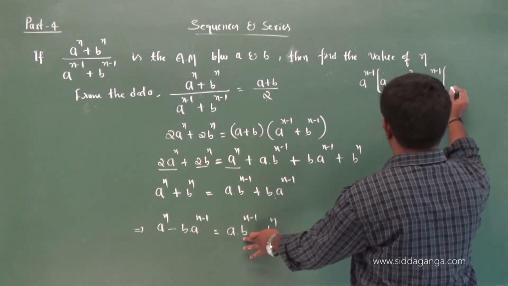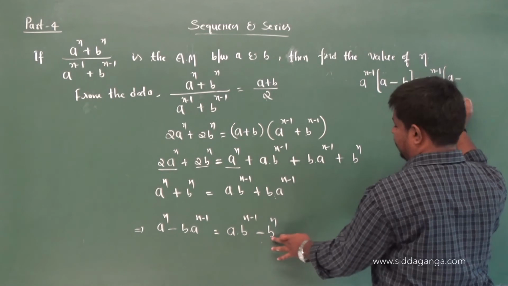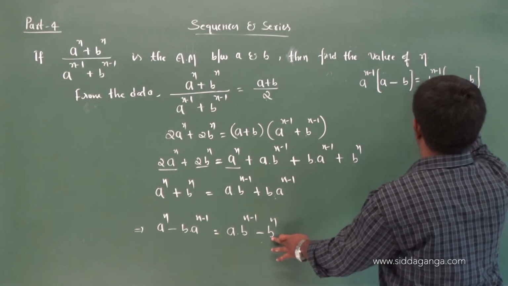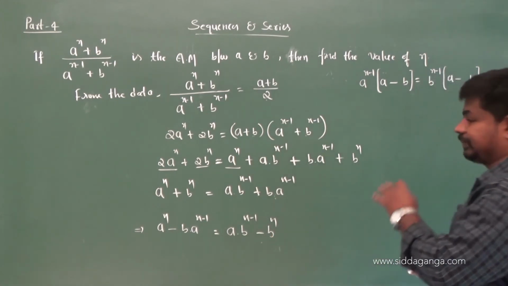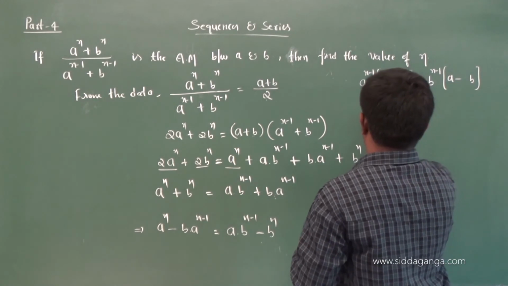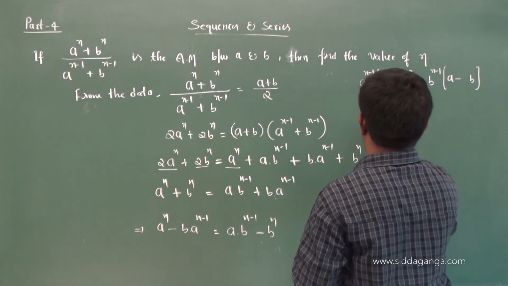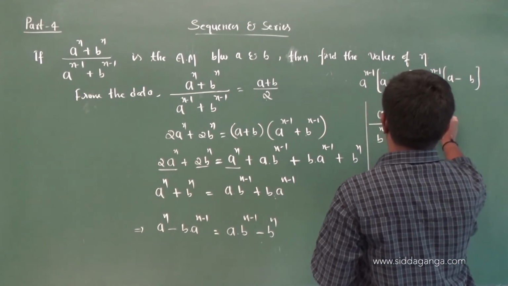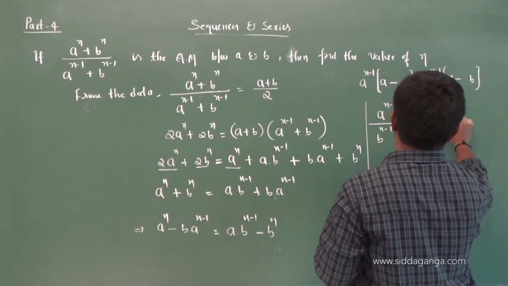What remains? a minus b power of n minus 1 into b, you get b power of n. So you get a power of n minus 1 times (a minus b) equals b power of n minus 1 times (a minus b), so a power of n minus 1 by b power of n minus 1 is equal to a minus b divided by a minus b, that is equal to 1, right?